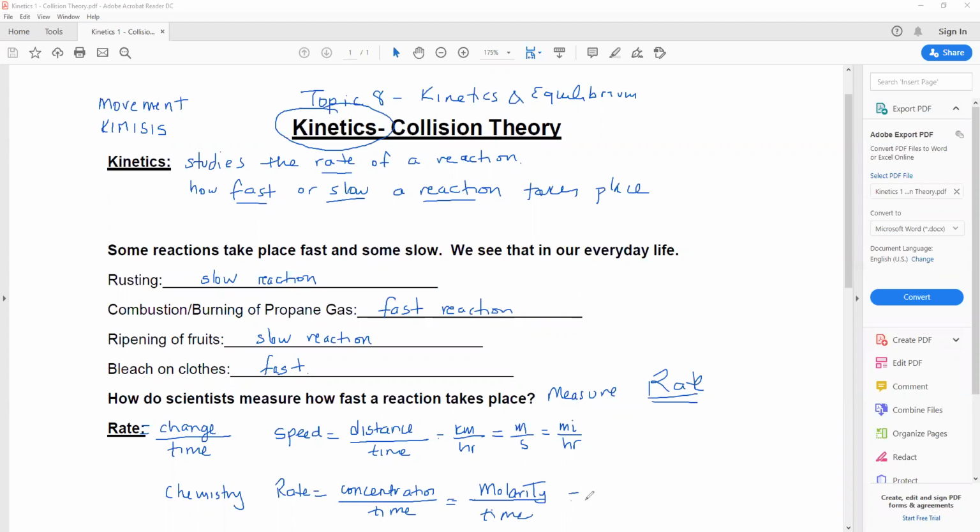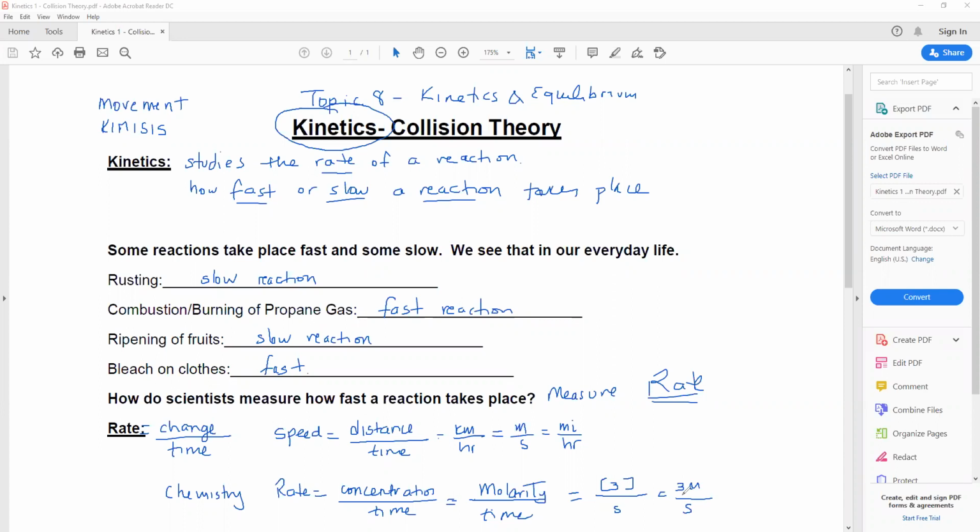To show molarity, instead of just writing molarity, scientists sometimes put brackets. So whenever you see the brackets, that stands for molarity. For example, if I have a number 3 in brackets, that means the molarity is 3 molar. How did I know? They didn't put the capital M, it's brackets over time, seconds. So they measure the change in concentration over time.